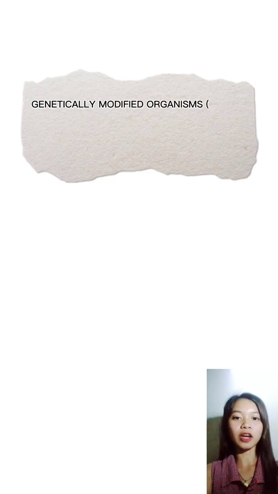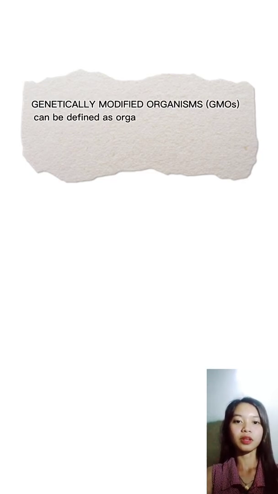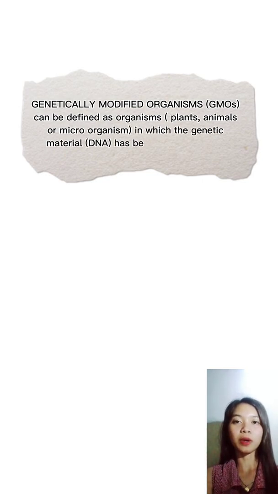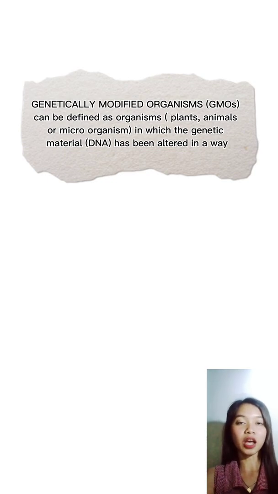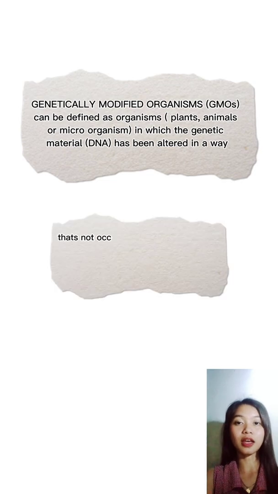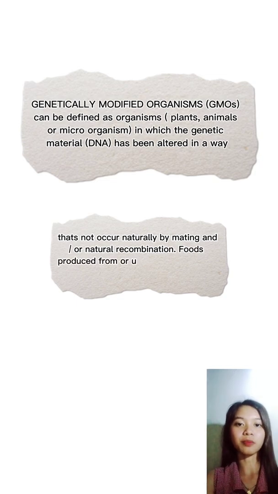Genetically modified organisms can be defined as organisms, plants, animals, or microorganisms in which the genetic material has been altered in a way that does not occur naturally by mating and/or natural recombination.